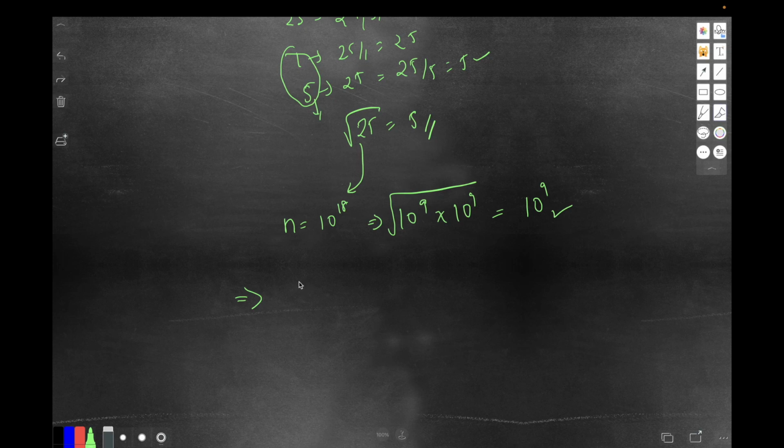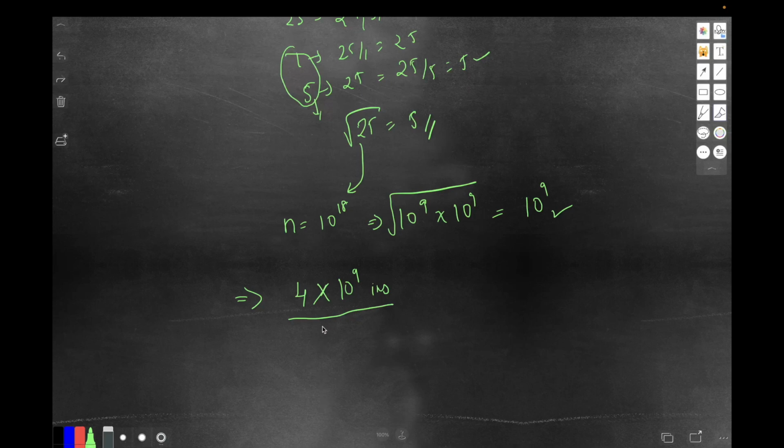Let's analyze how much time my 1 gigahertz processor will take to execute this many instructions. One iteration contains 4 instructions. So 10 to the power 9 iterations will contain 4 into 10 to the power 9 instructions.